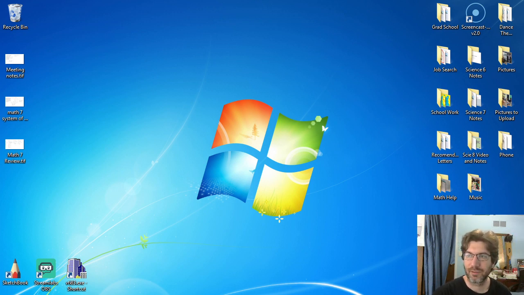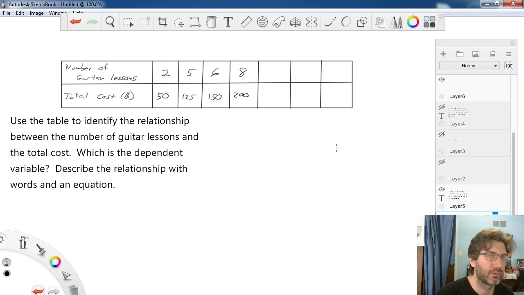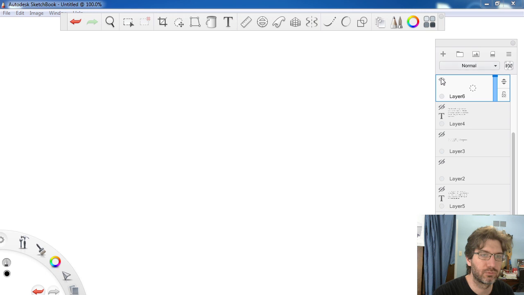Can we quickly go over how to identify independent and dependent variables? Independent variables: what you control.